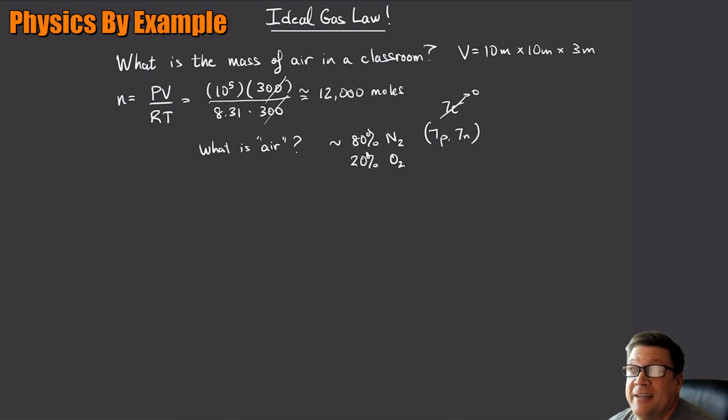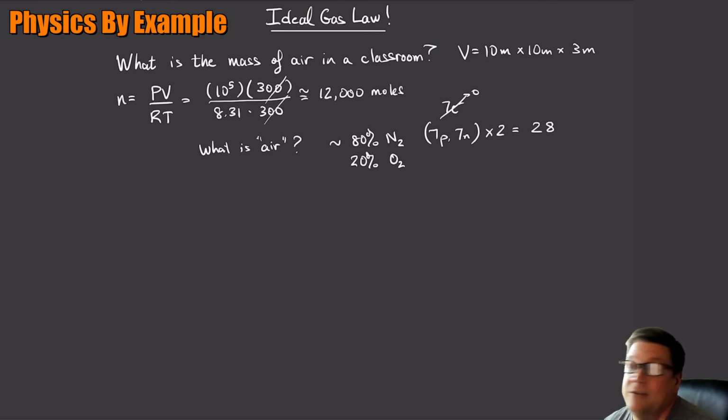So each nitrogen has 7 protons and 7 neutrons. That's 14. And a nitrogen molecule is 2 of those buddied up, so this times 2 is 28 nuclear particles. And the way the mole is defined, a mole of nuclear particles weighs 1 gram.